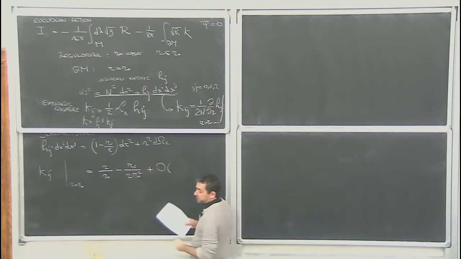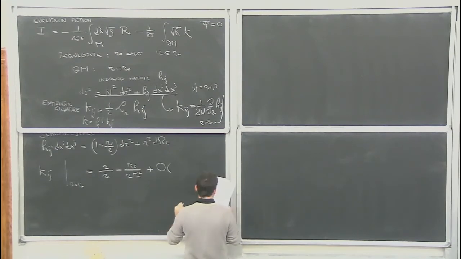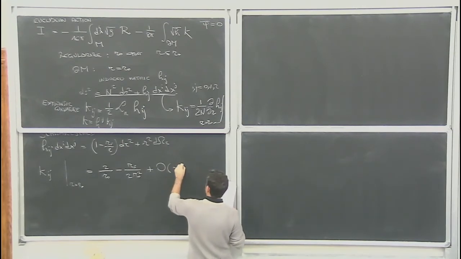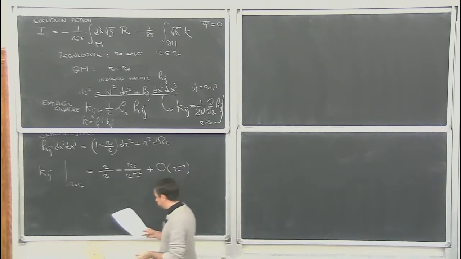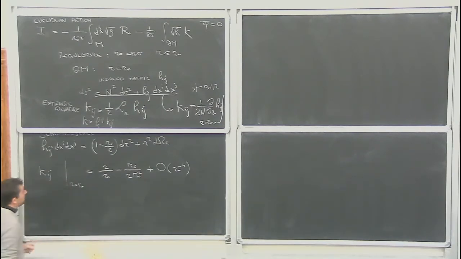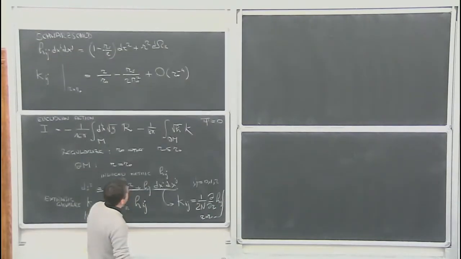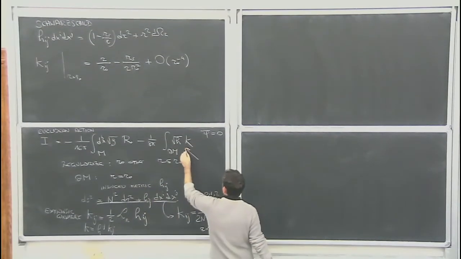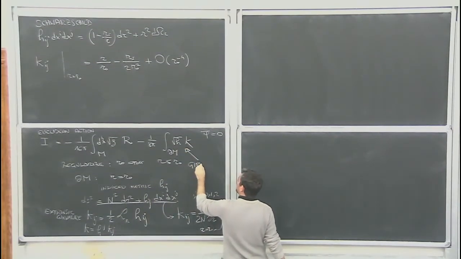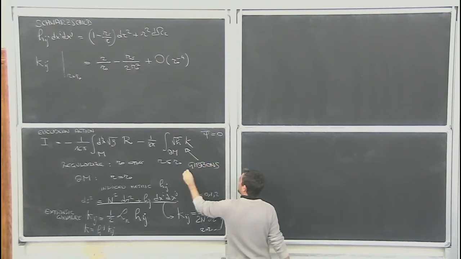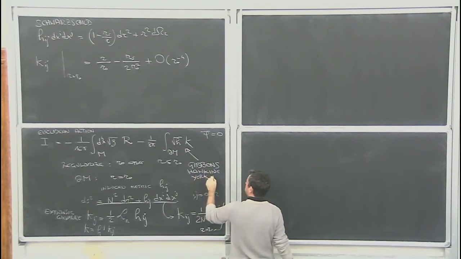R0 is fixed but large, so we do an expansion in R0, and then there are subleading terms, obviously. And I didn't give a name to this term, but since it's an important one, let me also write that name. Gibbons-Hawking-York boundary term.